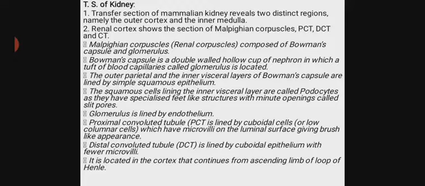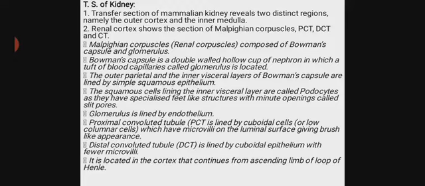These slit pores play an important role at the time of ultrafiltration or glomerular filtration, the first step in the urine formation process. The glomerulus is lined by endothelial cells because it is a network of blood capillaries, and the proximal convoluted tubule is lined by cuboidal epithelial cells, that is low columnar cells, which have microvilli on the luminal surface, giving a brush-like appearance.